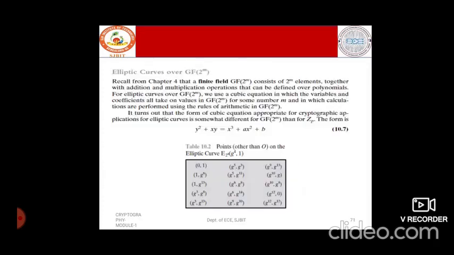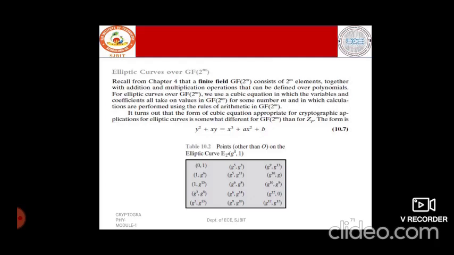Coming to elliptic curves over GF(2 power m). A finite field GF(2 power m) consists of 2 power m elements together with addition and multiplication operations that can be defined over polynomials. For elliptic curves over GF(2 power m), we use a cubic equation in which variables and coefficients all take on values in GF(2 power m) for some number m, and in which calculations are performed using the rules of arithmetic in GF(2 power m).